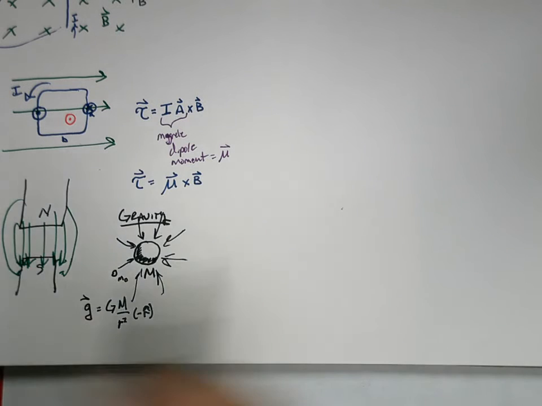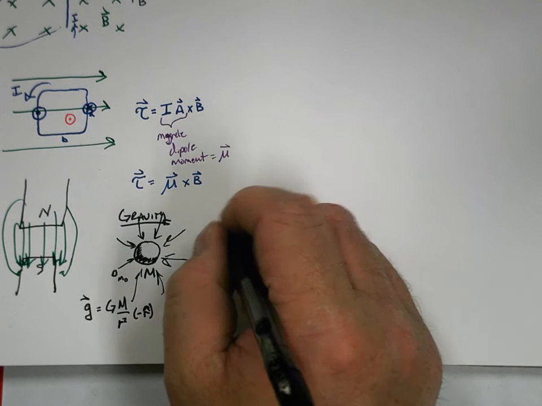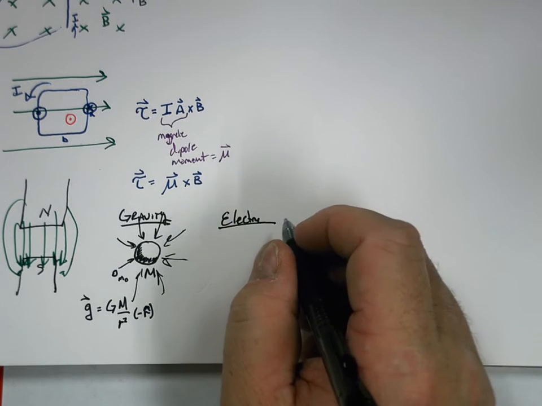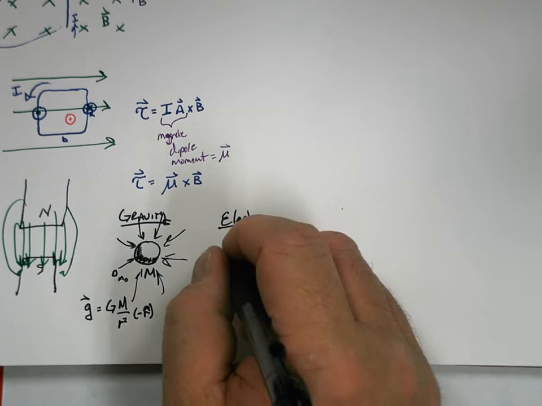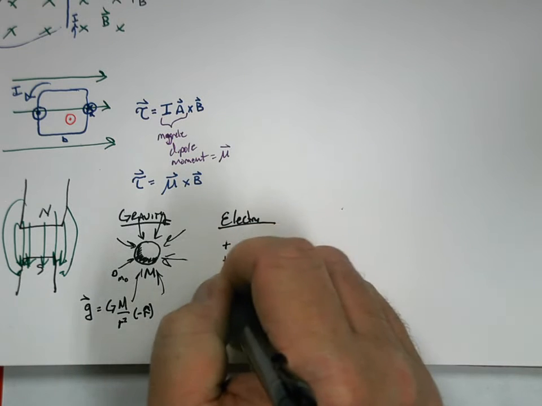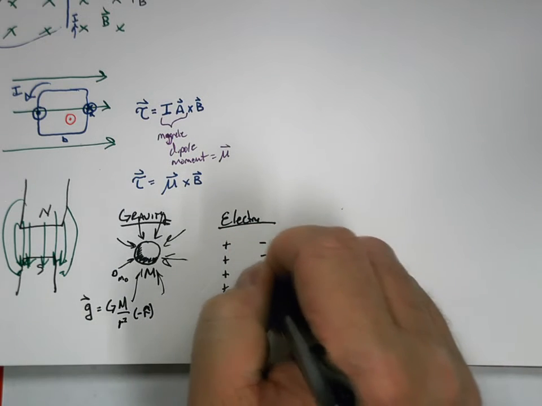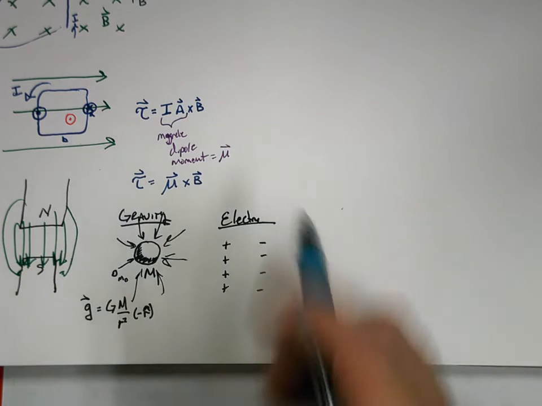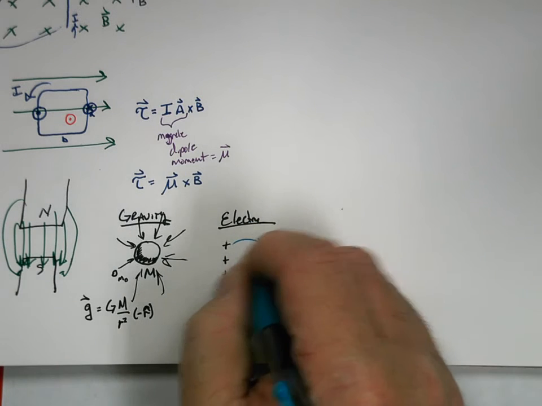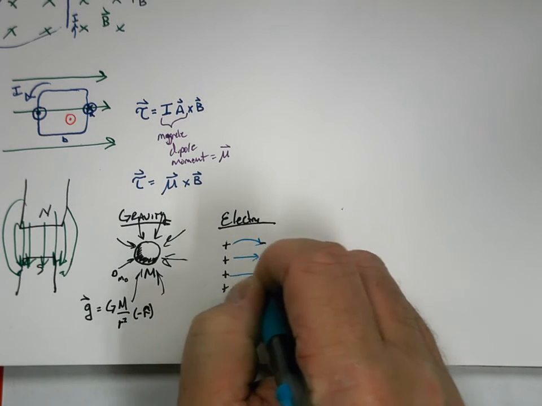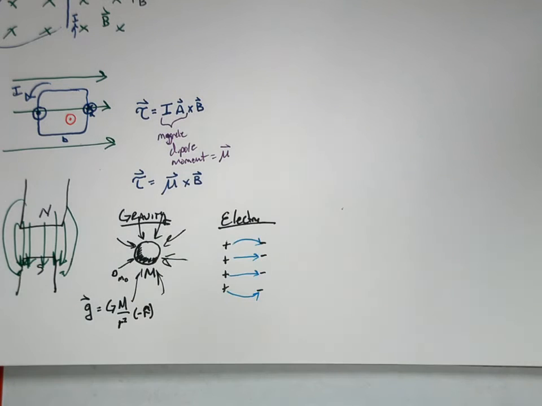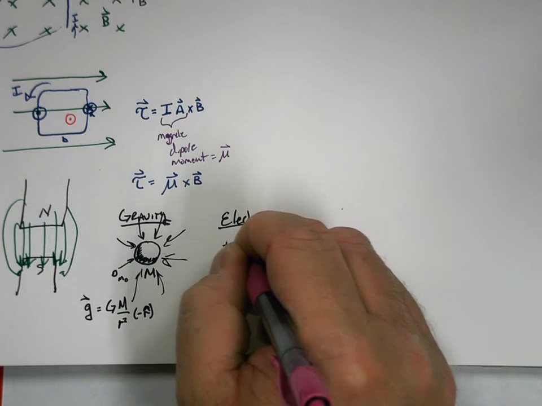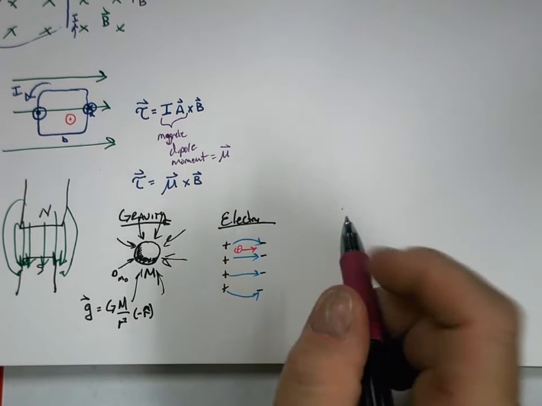Then we have an electric field, our E here, and this occurs with charges. It's the charges themselves that actually create our electric field. If we have a particle inside of this, it's going to move in that direction.